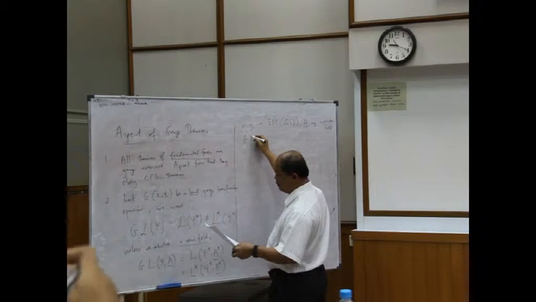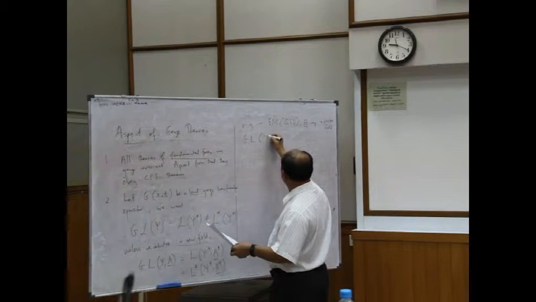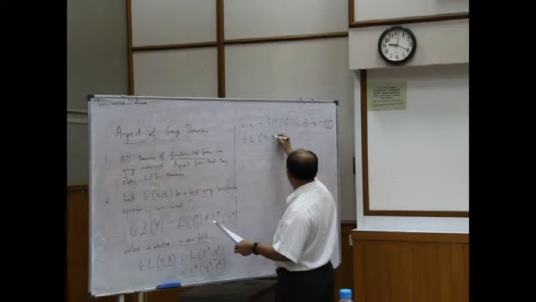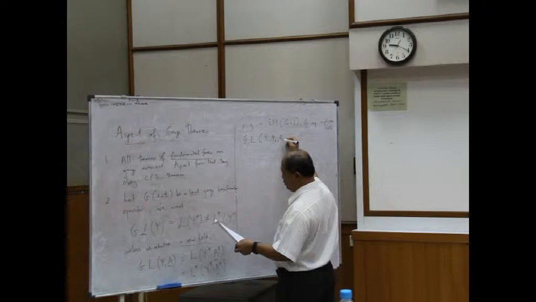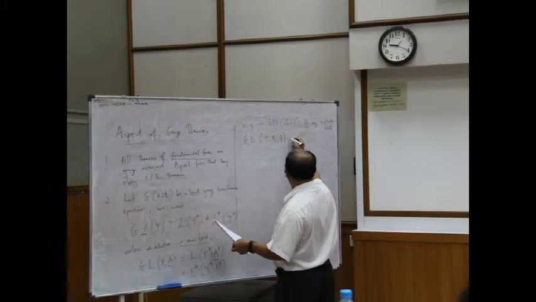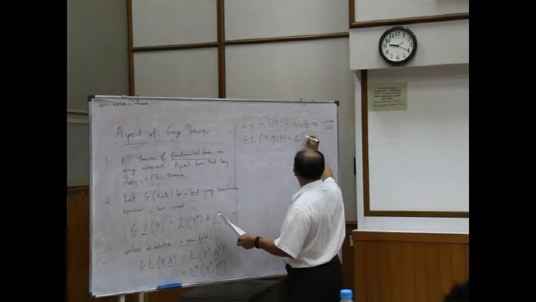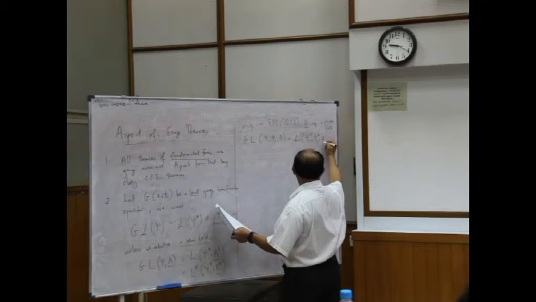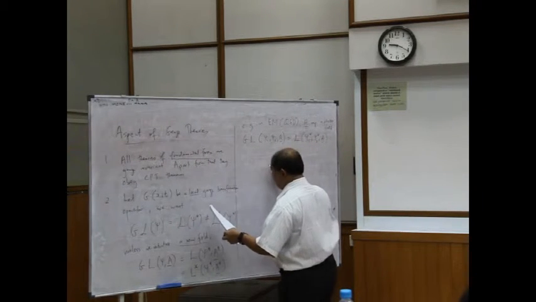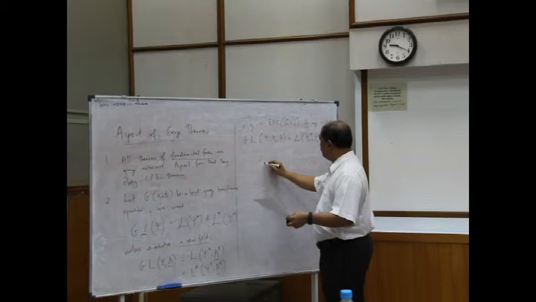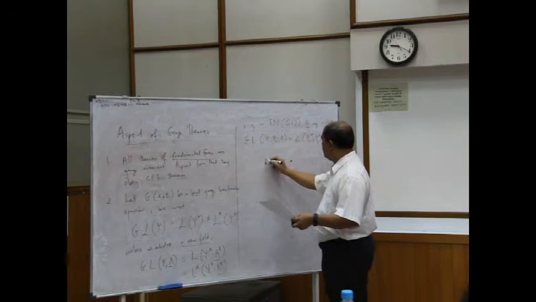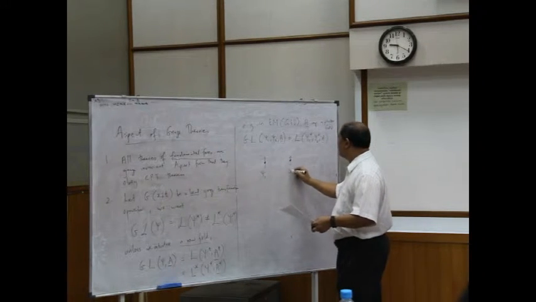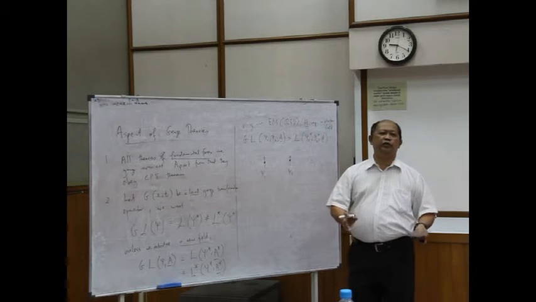we require this G acting on L(psi 1, psi 2, A) to transform as L(psi 1 star, psi 2 star, A). Why this psi 1 and psi 2? You know, when you have an interaction at 2 points, say there is an electron here and electron here. So this electron number 1 and electron number 2. For any interaction, you need at least 2 particles.